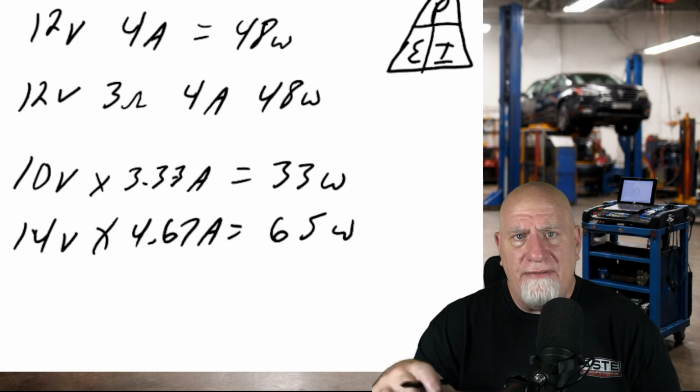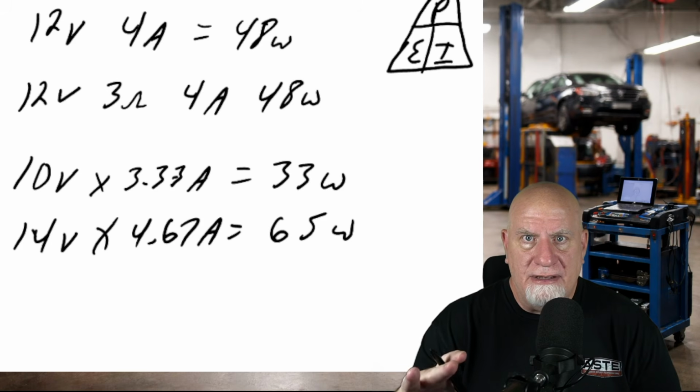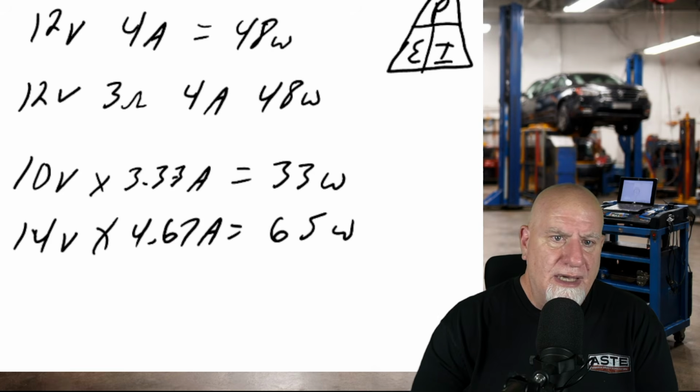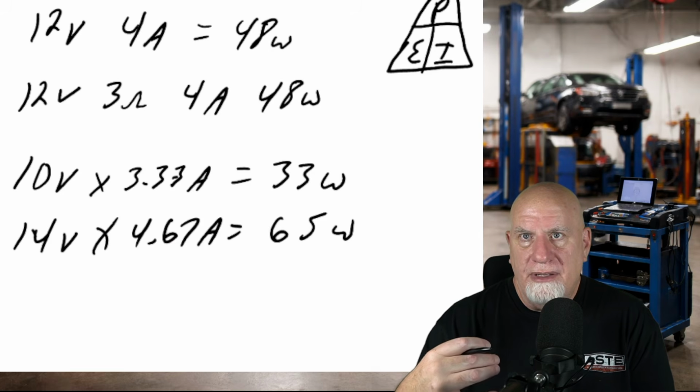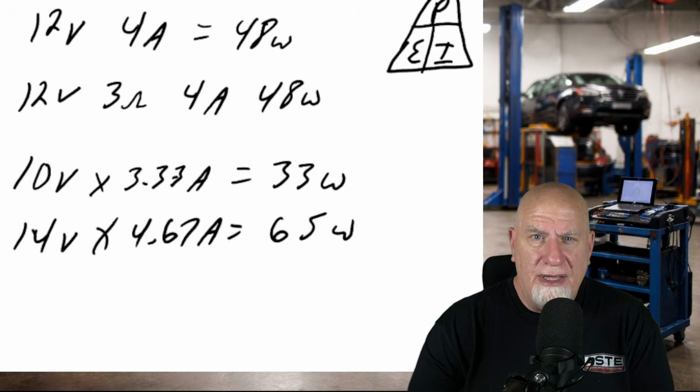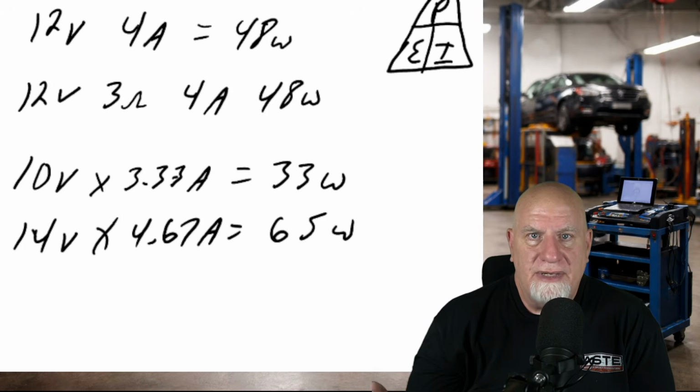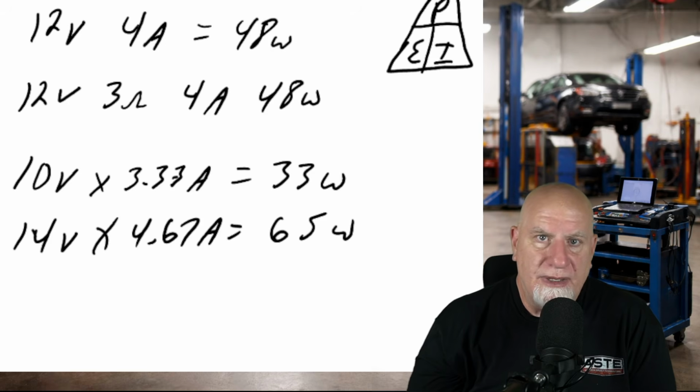Well, the manufacturer already has in their service manual what you can expect to find in a circuit. Where this really comes into play, though, is when you are doing custom builds or building your own circuit in a vehicle, adding a custom accessory or something like that, knowing then what to expect so that you don't overload the circuit.